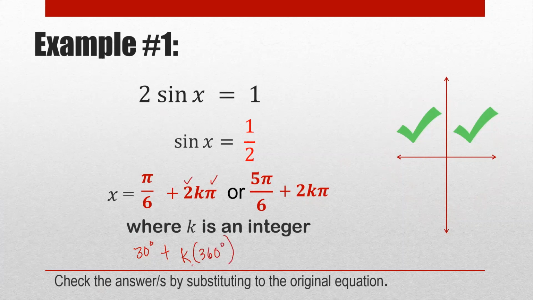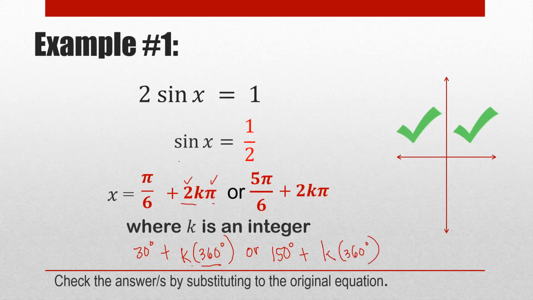As long as k is an integer pala. K is any integer kasi 360 na po, no? Kanina even multiple of pi. Okay. So ito namang 5 pi over 6, what is that in degrees? That will be 180 minus 30, kaya 150 degrees, supplementary ni 30, plus an integral multiple of 360.